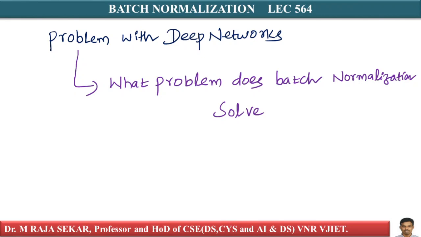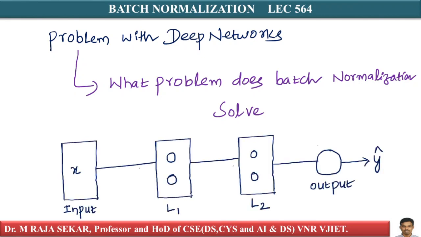Remember, I have a network like this. Let's assume this is L1, meaning layer 1. It is a fully connected multi-layer perceptron. L2 means this is layer 2. Let's assume this is my output, Y cap. I have a bunch of neurons here.